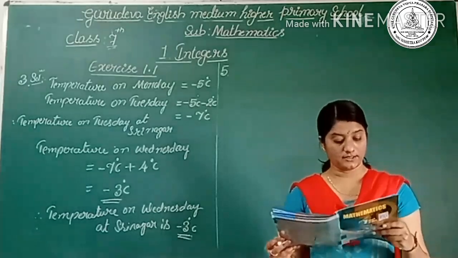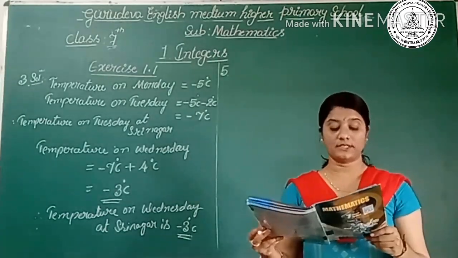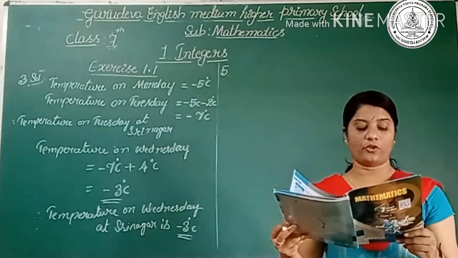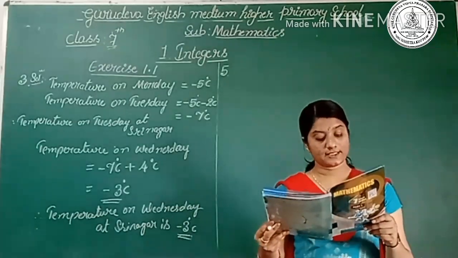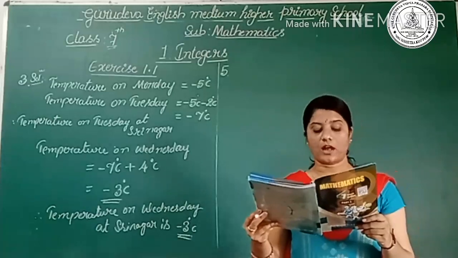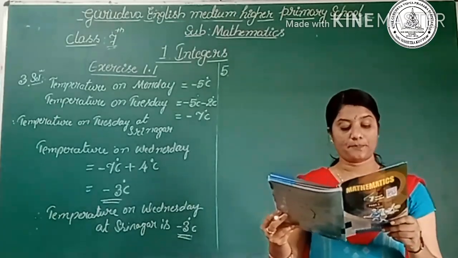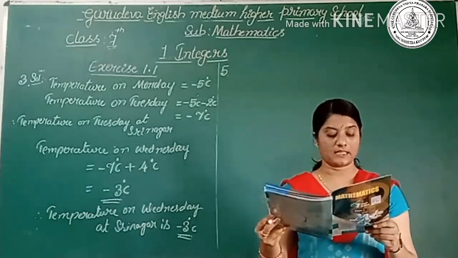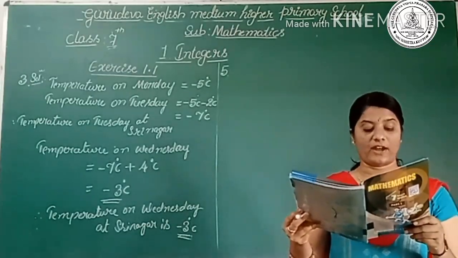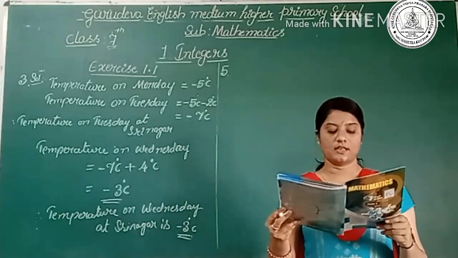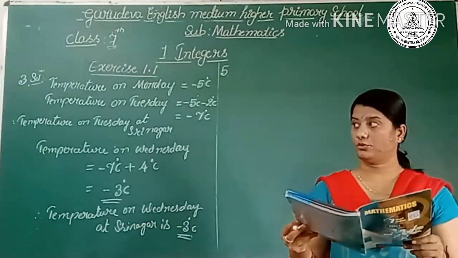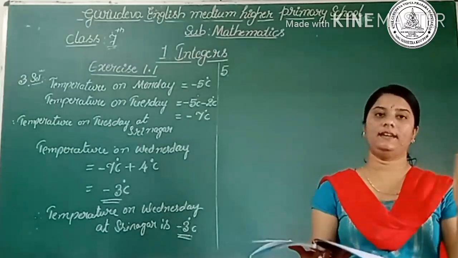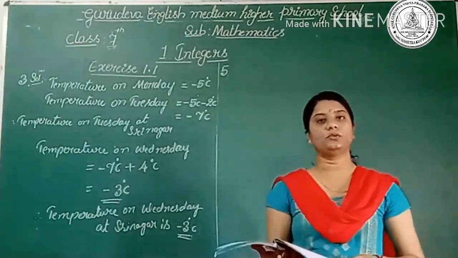The fifth question is, Mohan deposits 2000 in his bank account and withdraws ₹1,642 from it the next day. If the withdrawal of an amount from the account is represented by a negative integer, then how will you represent the amount deposited? Also find the balance in Mohan's account after the withdrawal. Okay. So here Mohan deposited 2000 rupees in his account.